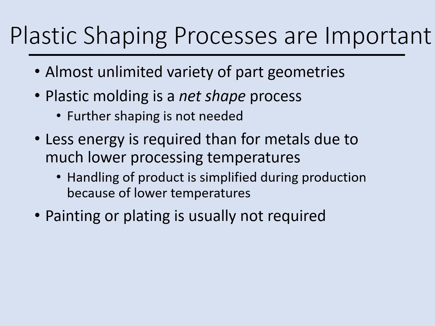For example, we have many plastic parts formed by molding process. And molding is a net shape process. It means that further shaping is not needed.